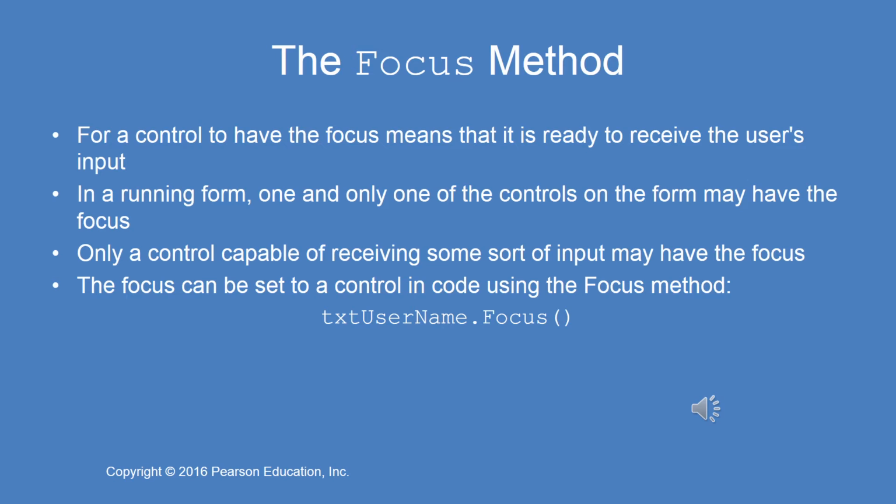So if you want to change or set the focus with code, there is a method called Focus. If I wanted to change the focus to the text username control, I would use the following line of code right there at the bottom, text username.Focus, and there are no arguments on that particular method.